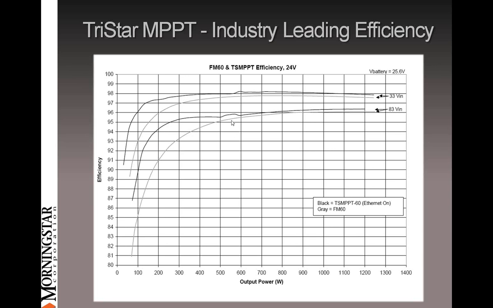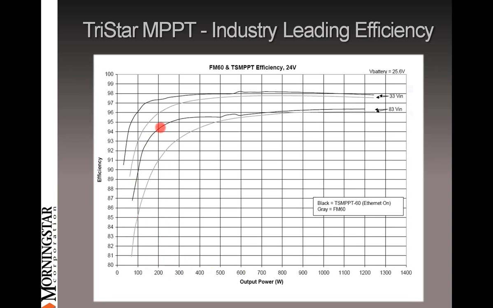The FM60 is the gray. The reason we want to illustrate this is because, if you remember, I told you about how we're using three 20-amp power point trackers in the 60-amp. And the benefit of that is we can shift gears. When we're in the low power ranges, we only turn on one phase, one 20-amp controller. So we're like a 20-amp controller at that point.